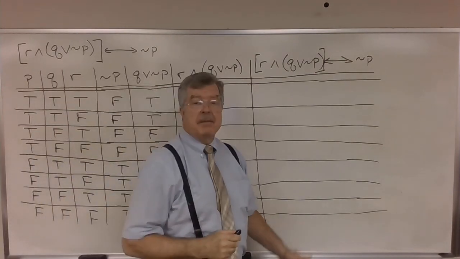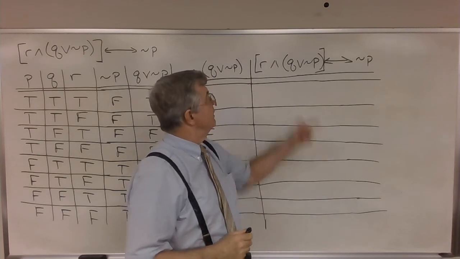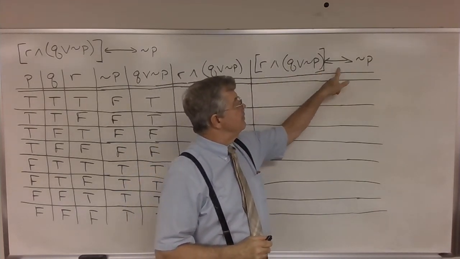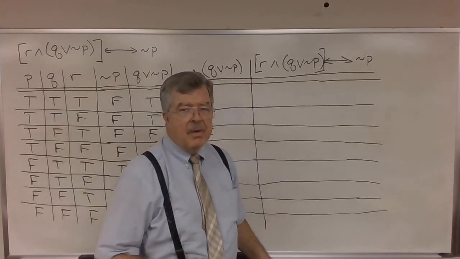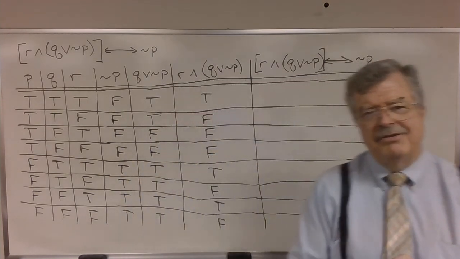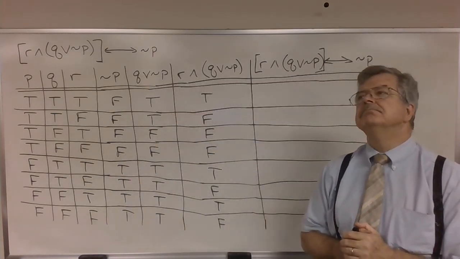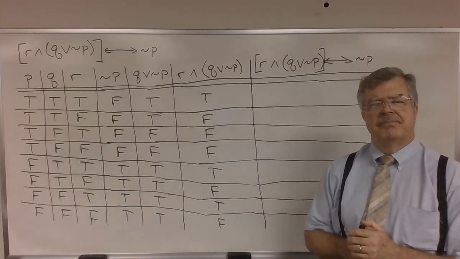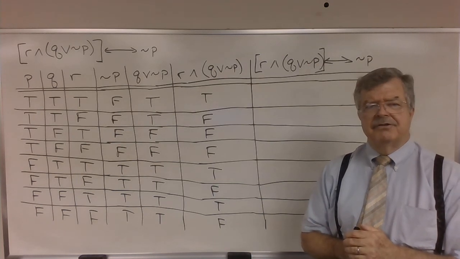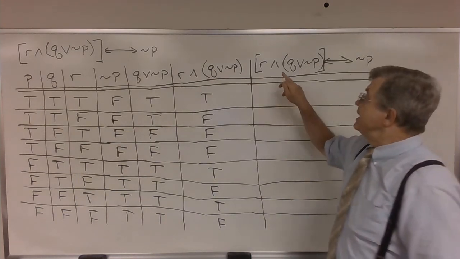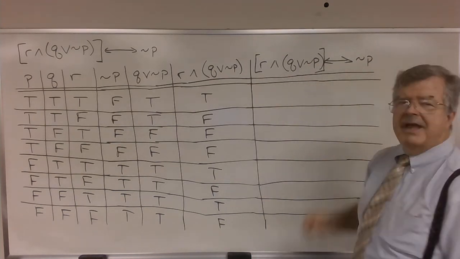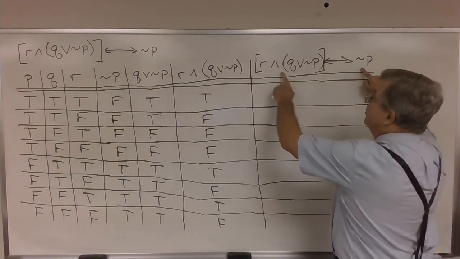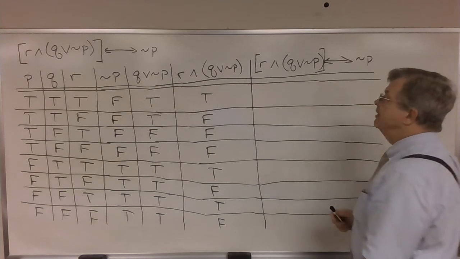This is essentially a bi-conditional statement. This thing in the square brackets, if and only if not P. What's the special case for a bi-conditional? A bi-conditional is true when each of the two statements have the same truth value, either when they're both true or when they're both false.